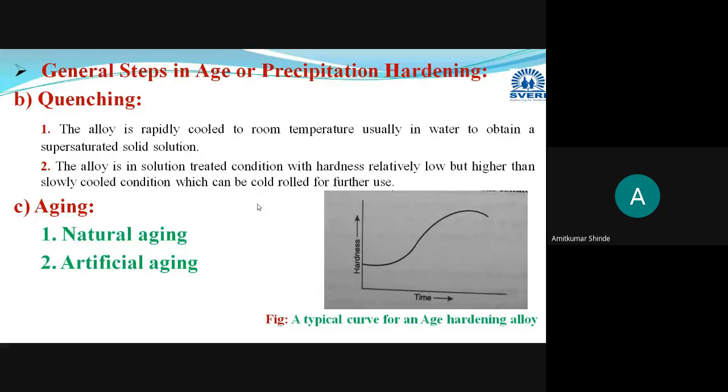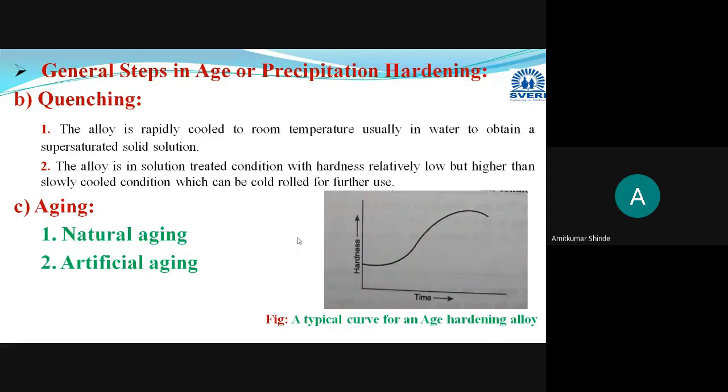Now it will show you the increase in the hardness value, but you have to take note here that hardness is more, but it will be lesser as compared to the annealing process. In annealing, the same cooling process is done in the furnace.